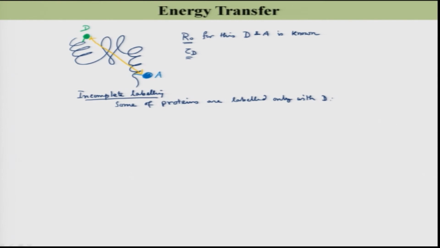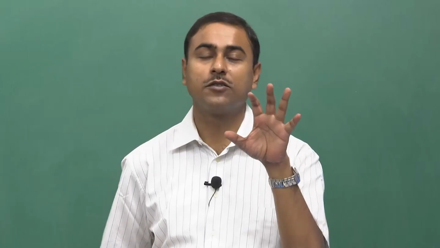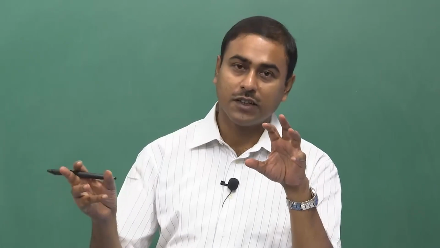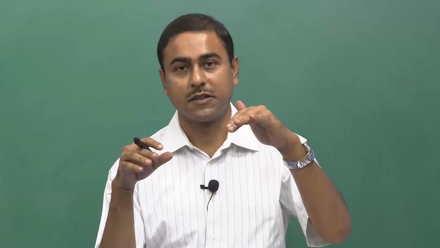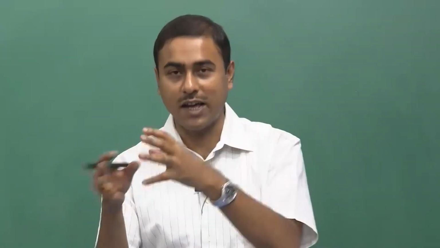In that case, whatever fluorescence intensity decrease you expect for a specific value of E, that much will not decrease, because some proteins have only D. Now, in presence of A, you thought that the fluorescence intensity will be half, but some proteins do not have A itself.